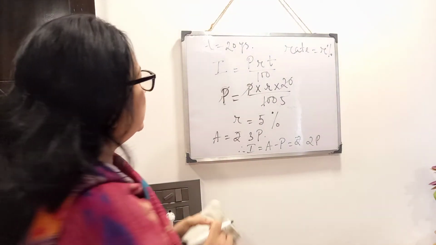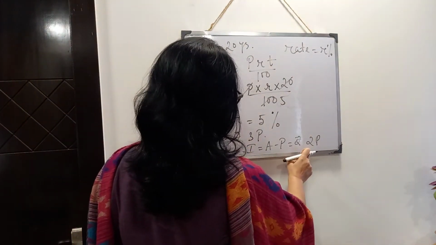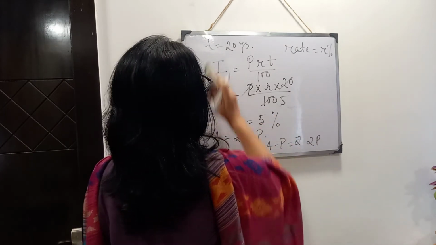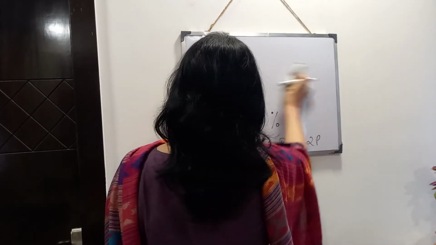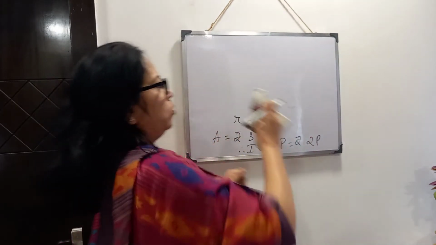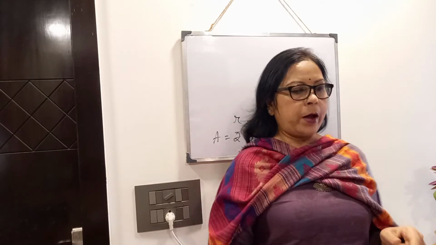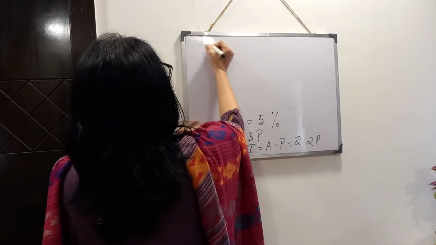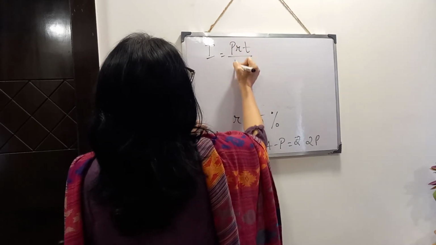Now here interest we know, principal is P, R we know, here you have to consider T in second case. So again same formula. In simple interest you know only there are two formulas: I equals to PRT by 100 and amount equals to principal plus interest. So second case, I equals to PRT by 100.